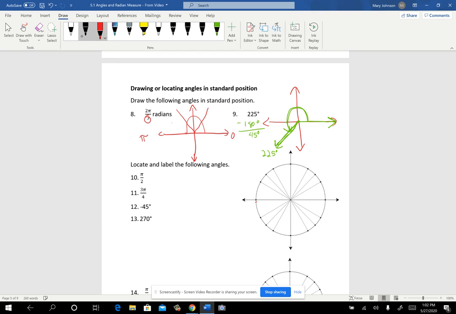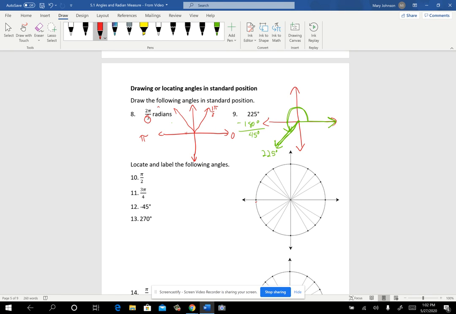Okay, and let me get rid of that little arc I drew earlier. All right, so I wanted to split that rotation from 0 to pi into 3 equal pieces. So I've done that. Then this would be 1/3 pi, or 1 pi over 3, which would be pi over 3.